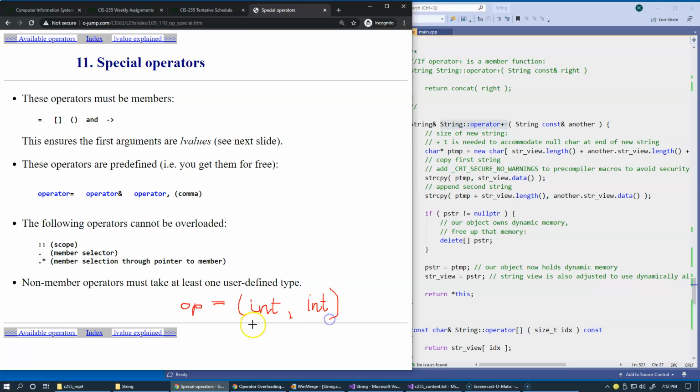Compiler will not allow overloading operators for fundamental data types. It means that whenever operator overloading is involved, one of the objects has to be a user-defined type. Okay, so that's the restriction that prevents us from overloading operators for fundamental data types.